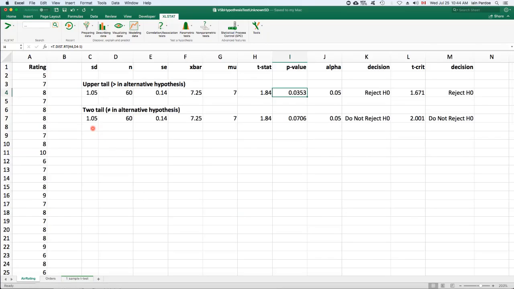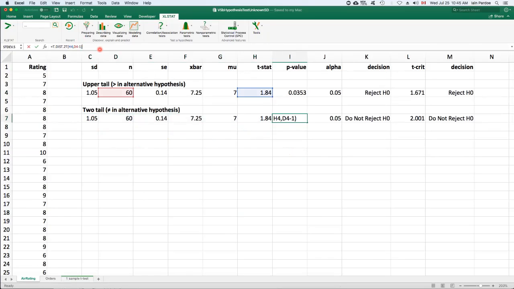If I wanted to do a two-tail test here, all these numbers are the same. Standard deviation, sample size, standard error, sample mean, hypothesized mean, test statistic. Those are all the same. The p-value now, though, because we're doing a two-tail test, is going to be the sum of the tail areas to the right of 1.84 and to the left of minus 1.84.